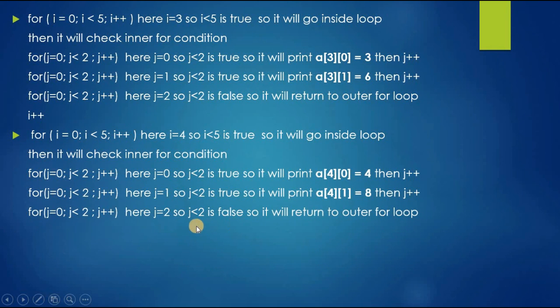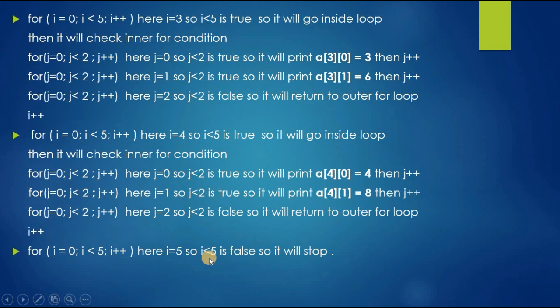Now we got the condition as false here, so it will come to the outer loop and i will be incremented. Now we got i as 5 and i less than 5 is false here, so it will stop the execution and the program will stop working there.